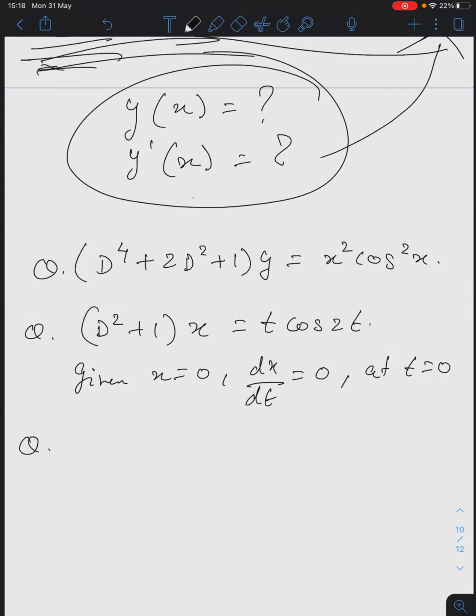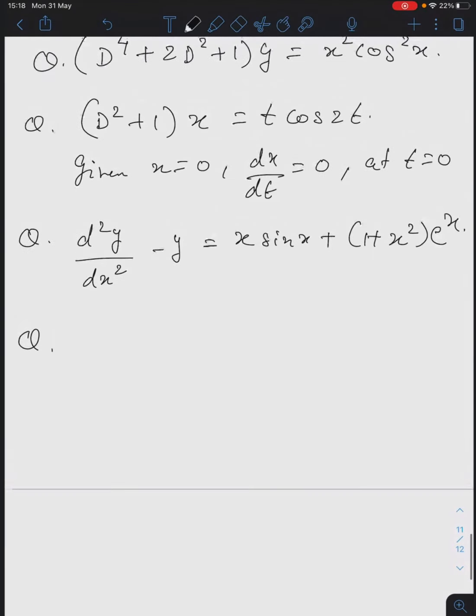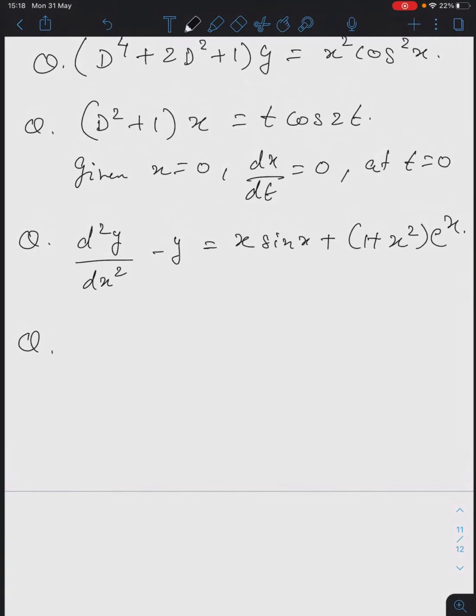That will be wrong then. Note down these problems.